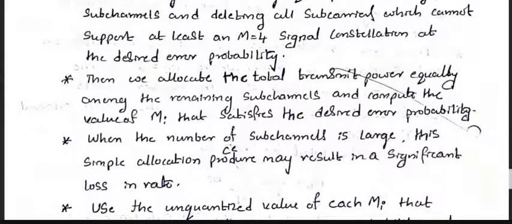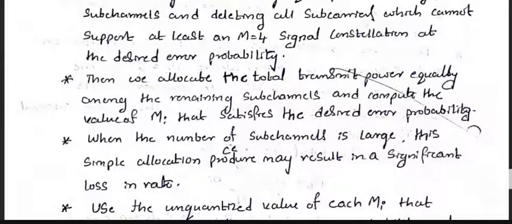Now, this condition holds good whenever there is a sufficiently narrow bandwidth. Now let us consider that, instead of the narrow bandwidth we considered, we have a large bandwidth for the subchannels. What is going to happen?